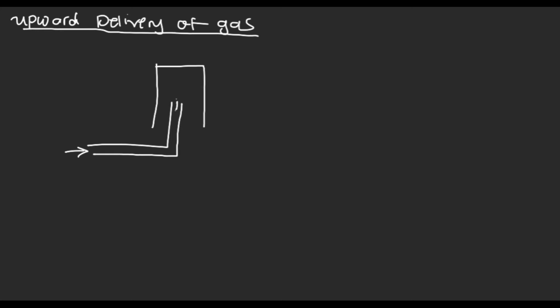You can see that the gas is moving up, and for a gas to move up, the gas must have a density lower than that of air. So that's a key point here. A light gas will go up, a denser gas will go down.